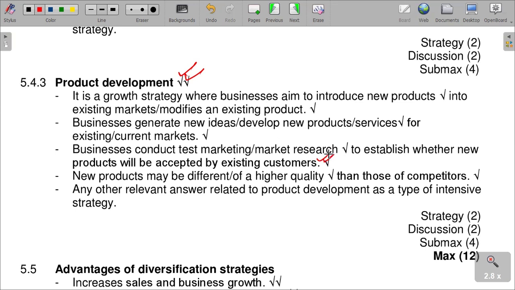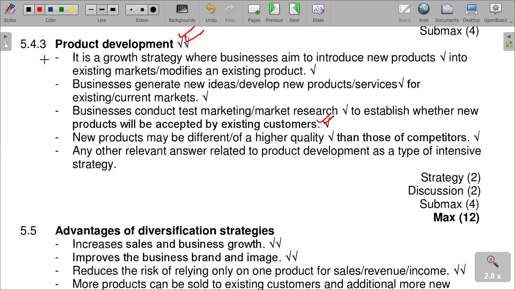And at the same time, we have new products which may be different or of higher quality than those of competitors. A new product that is different because of high quality compared to those of competitors can be a way of product development.